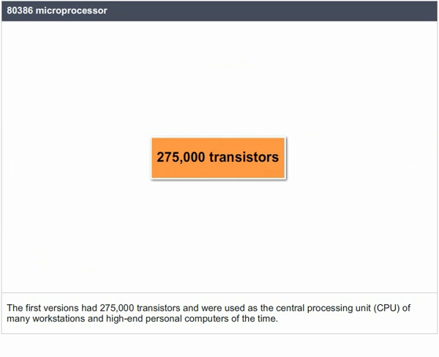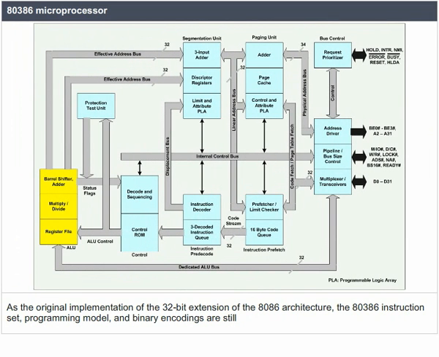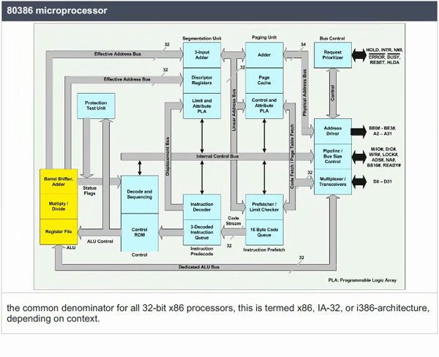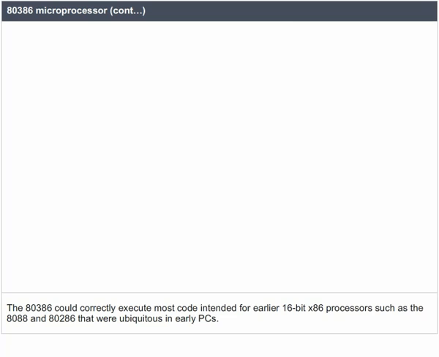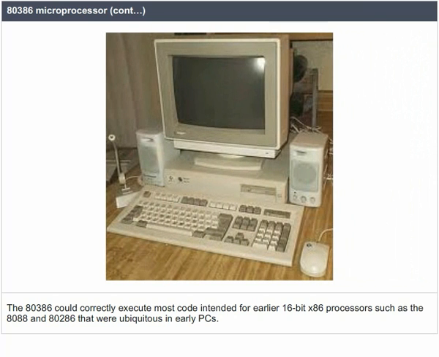As the original implementation of the 32-bit extension of the 8086 architecture, the 80386 instruction set, programming model, and binary encodings are still the common denominator for all 32-bit x86 processors. This is termed x86, IA-32, or i386 architecture, depending on the context. The 80386 could correctly execute most code intended for earlier 16-bit x86 processors, such as the 8088 and 80286 that were ubiquitous in early PCs.